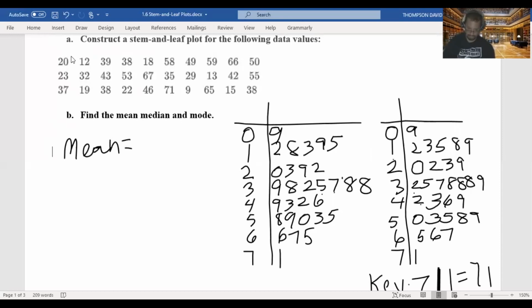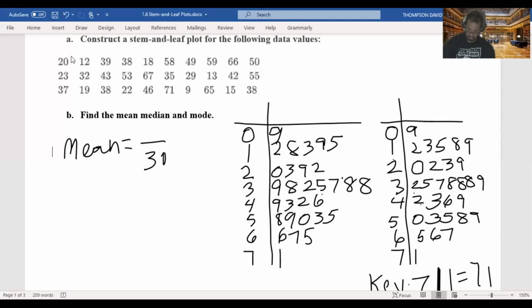So 20 plus 12 plus 39 plus 18 plus 58 plus 49 plus 59 plus 66 plus 50 plus 23 plus 32 plus 43 plus 53 plus 67 plus 35 plus 29 plus 13 plus 42 plus 55 plus 37 plus 19 plus 38 plus 22 plus 46 plus 71 plus 9 plus 65 plus 15 plus 38.